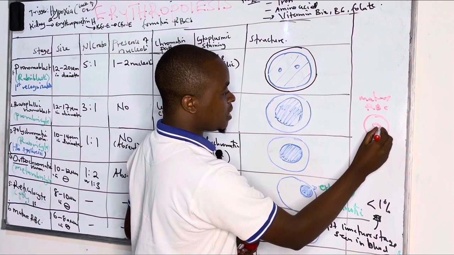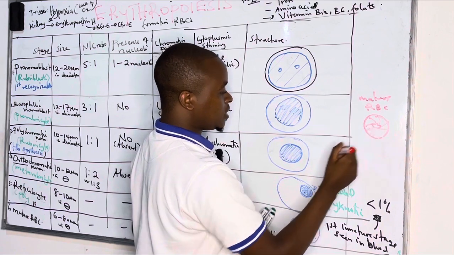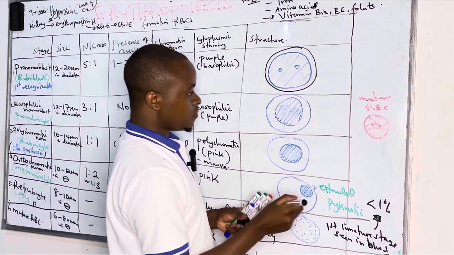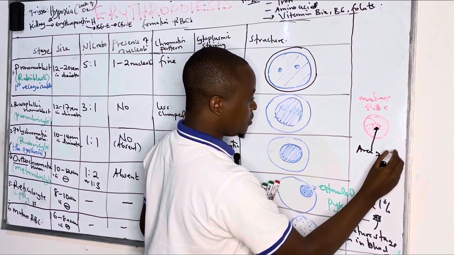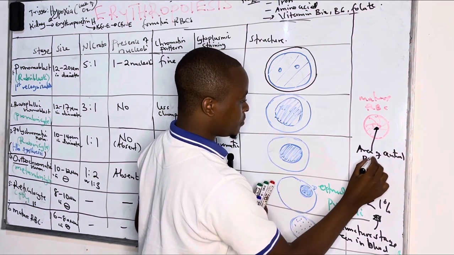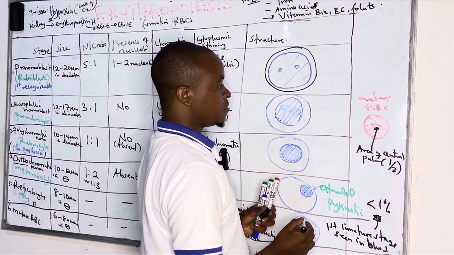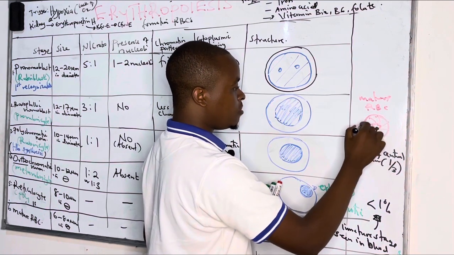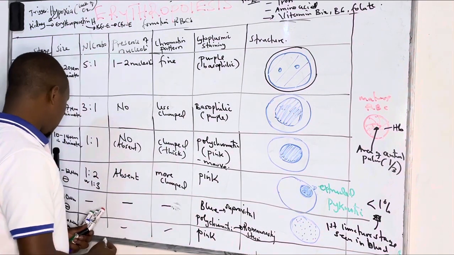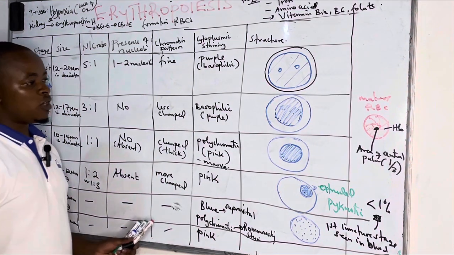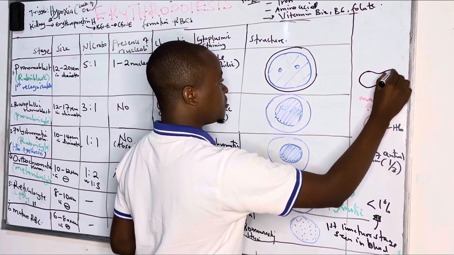This is the area of central pallor, which should measure a third of the cell, surrounded by the hemoglobinized area. We have seen it is measuring 6 to 8. And when seen on top, it is always seen as a biconcave disc in shape.